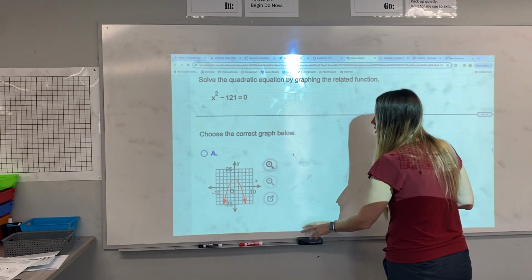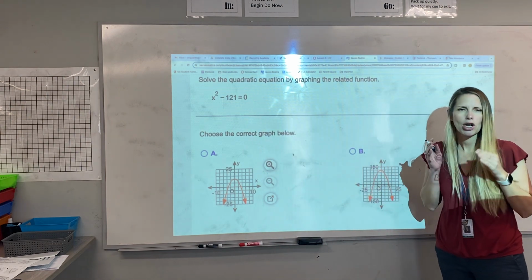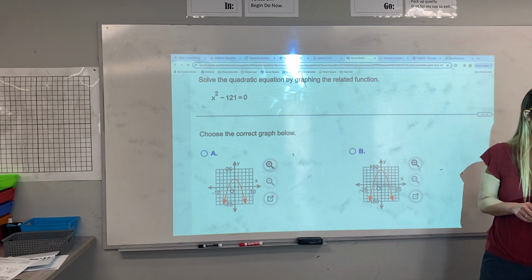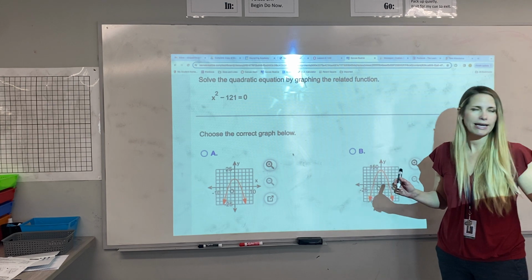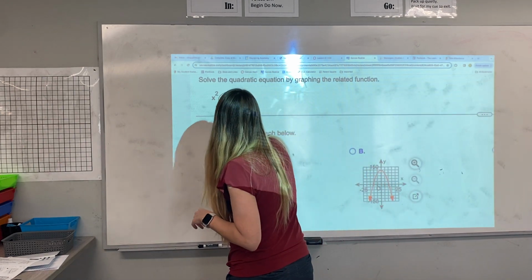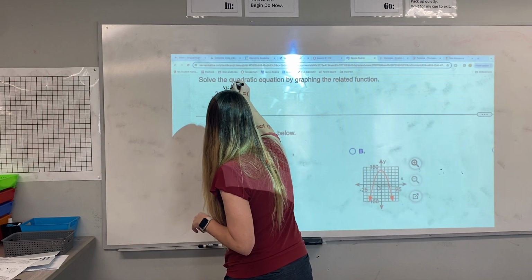What piece of information does this give us that we can automatically plot? It's at -1. What do you say it's at? The y-intercept. Okay, here is our y-intercept.